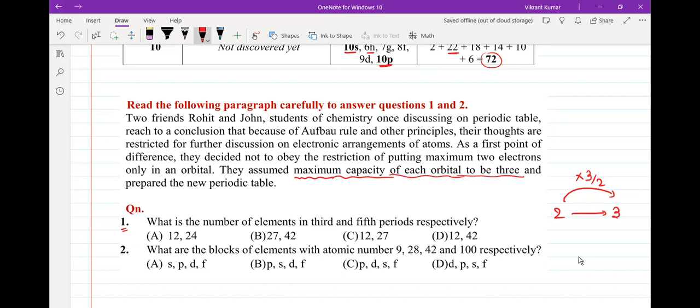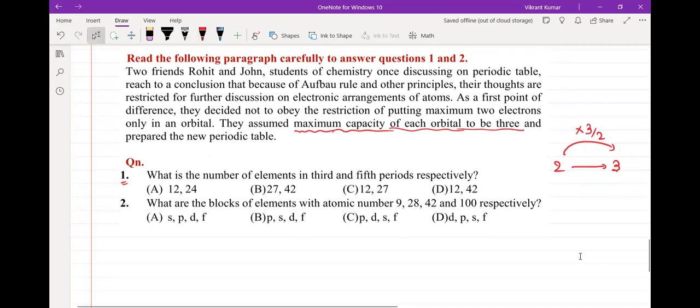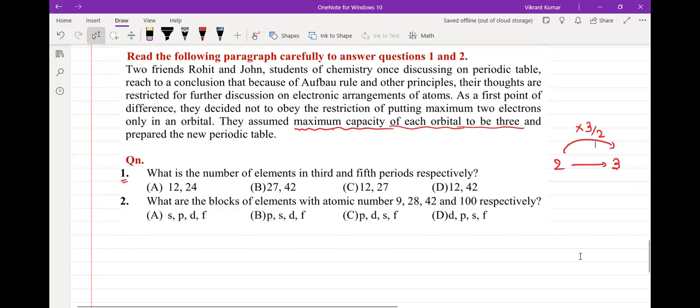So the third period's original capacity was 8. Just make it 3 by 2 times. The fifth period's original capacity was 18. Make it 3 by 2 times.